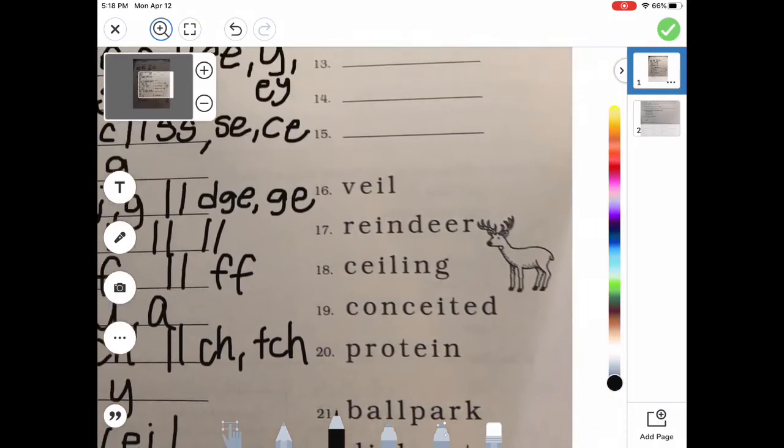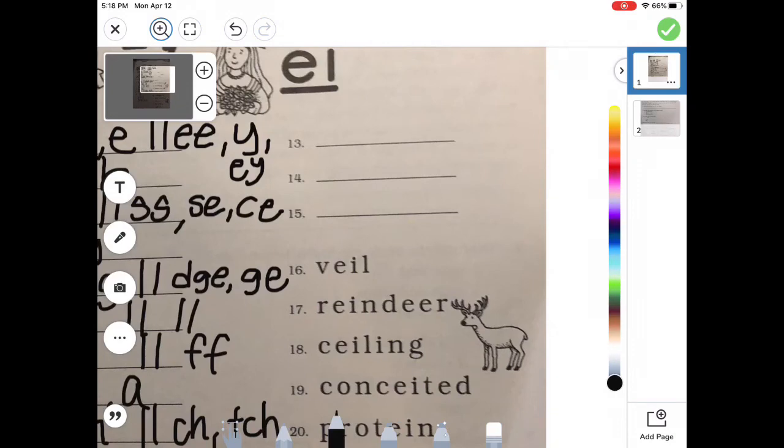All right, on number 13, we're going to try a couple different words. What if I say the word ceiling? Ceiling. So I have S, E-I, then L, then I-N-G. Very good. All right. And we're just going to try a couple sight words.